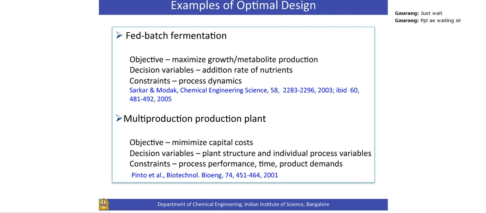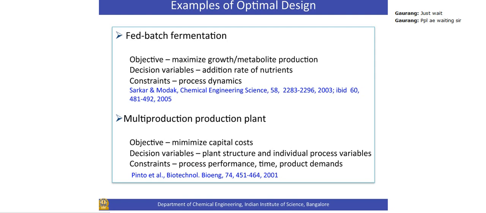Now, continuing along with more examples, we can have fed-batch fermentation, and this is something that I'm going to talk about a little later on, and therefore I will not dwell on this. But another example, for instance, is designing a multi-production plant.